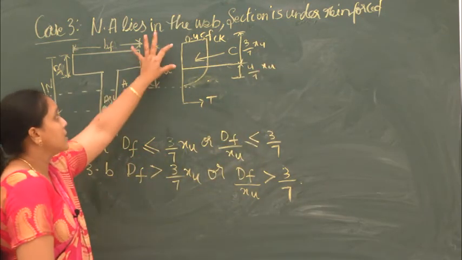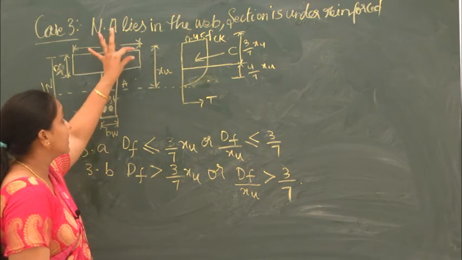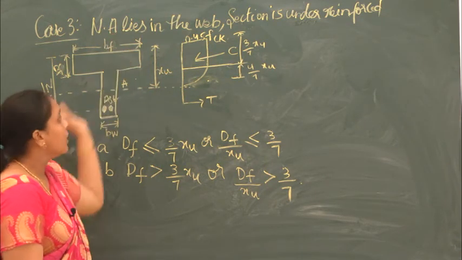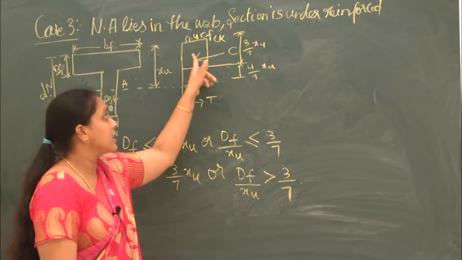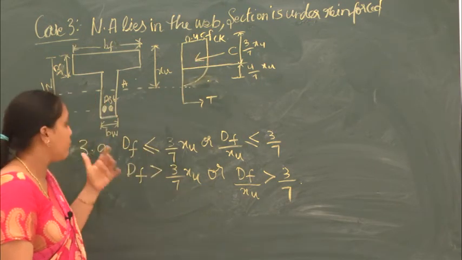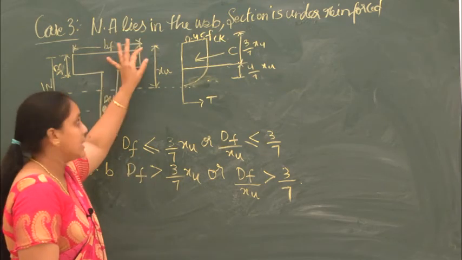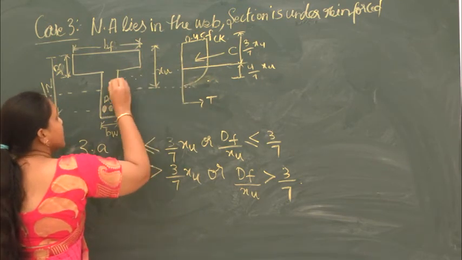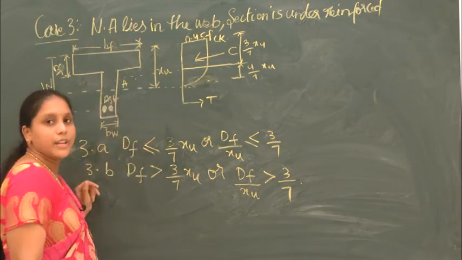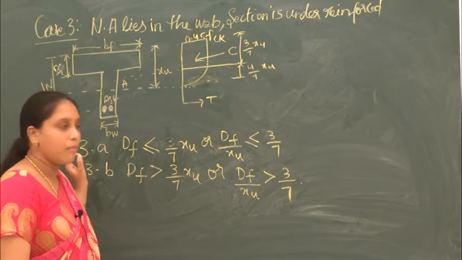Okay, so if you consider this particular rectangular part, what is happening? The flange is uniformly stressed because the stresses in this rectangular block are uniform, and we have considered the condition that the depth of the flange is less than this distance. So the stresses in this particular flange are uniform, that is, the flange is uniformly stressed.